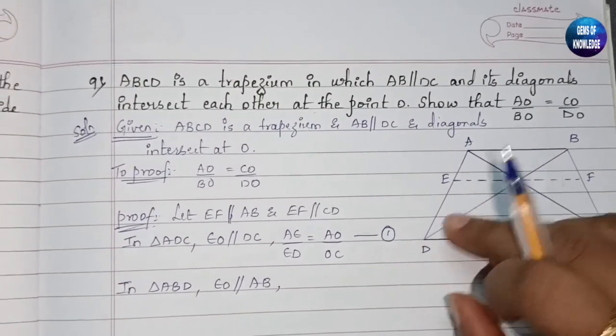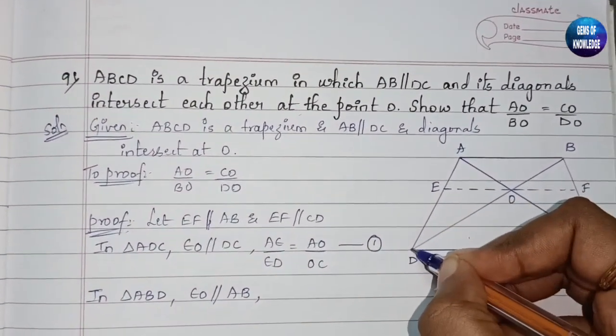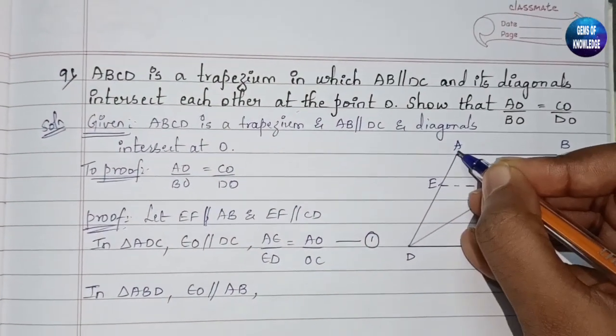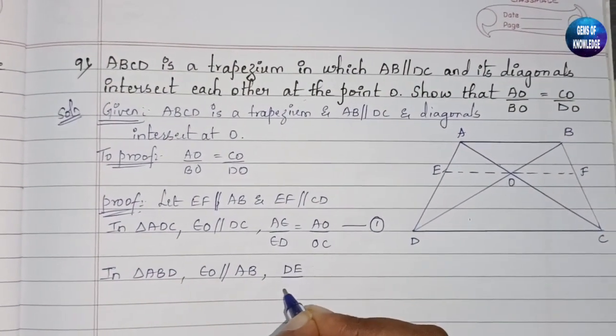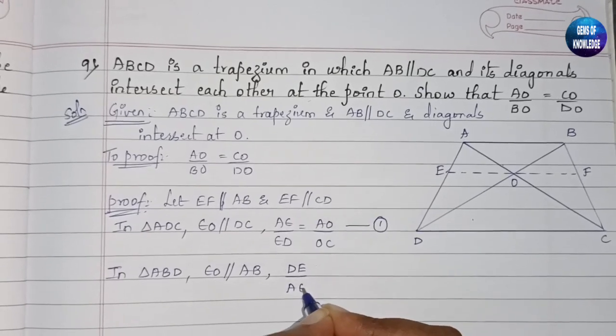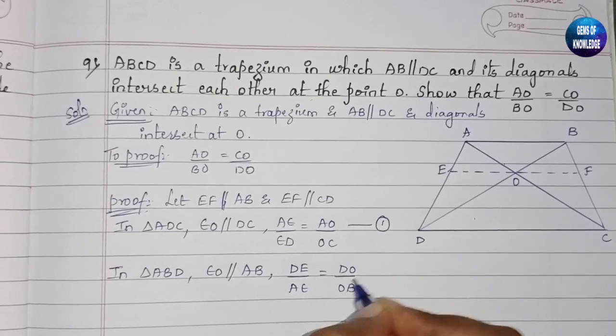Then we get DE by EA is equal to DO by OB.